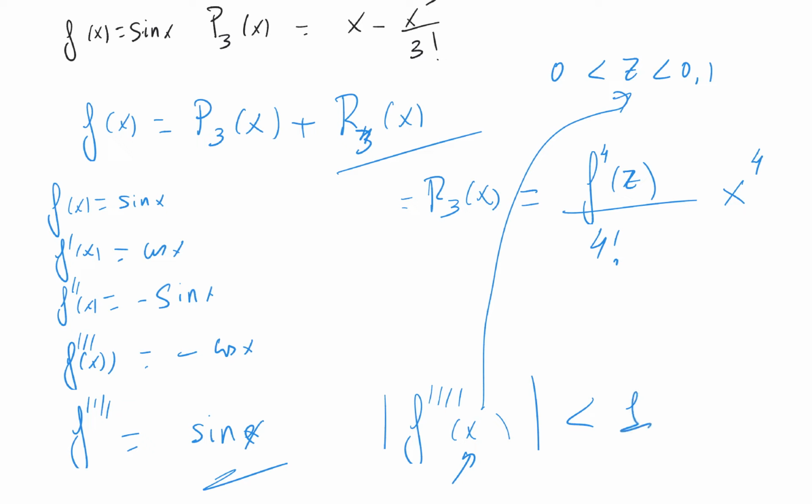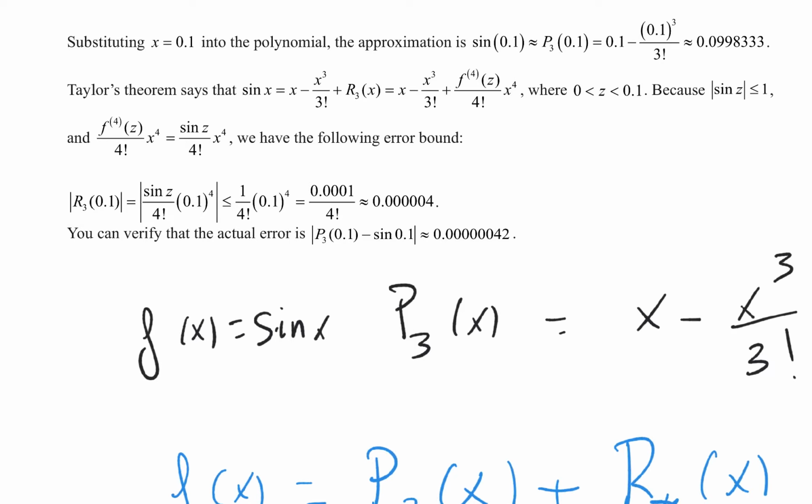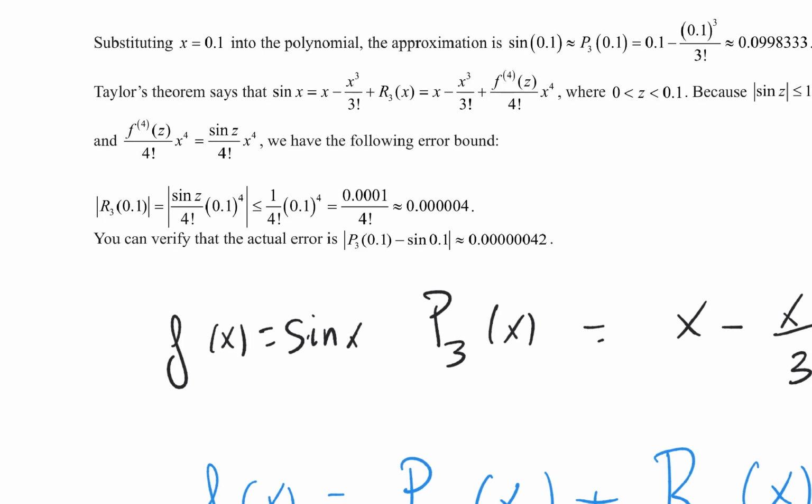So I will use these facts to approximate the maximum error. The fourth derivative of sine at c divided by 4 factorial, but sine of c is less than 1. So it's 1 divided by 4 factorial times 0.1 raised to the 4th power.